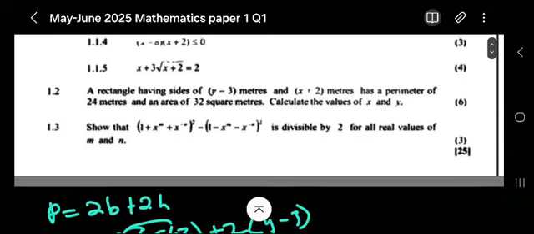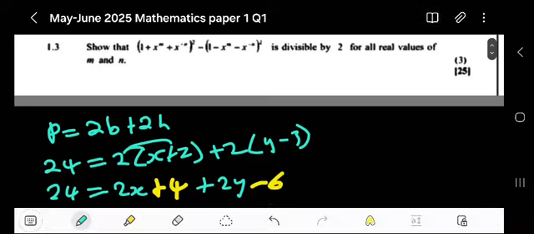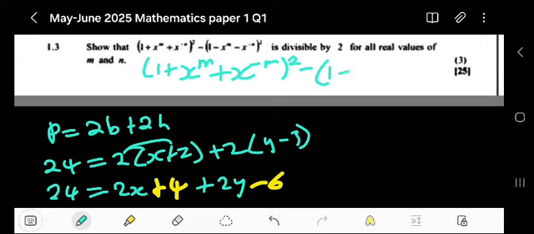I want us to check. Okay, we have 1.3 again. 1.3 says show that, given that, you can see 1 plus x raised to the power of m, plus x raised to the power of minus m, and then you square this guy there, minus 1 minus x raised to the power of m, minus x raised to the power of minus m, you square.